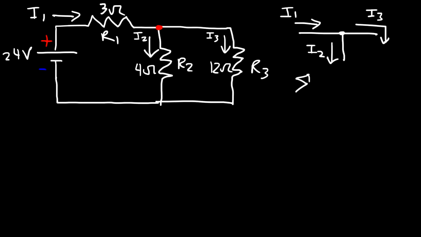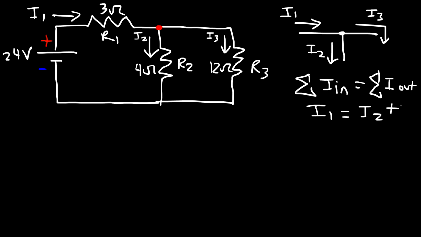According to his junction rule, the current that enters the junction is equal to the total current that leaves the junction. The only current entering the junction is I1. The other two currents are leaving the junction, so I1 has to equal the sum of I2 plus I3. So that's one equation that we have so far, and we're going to use it later.